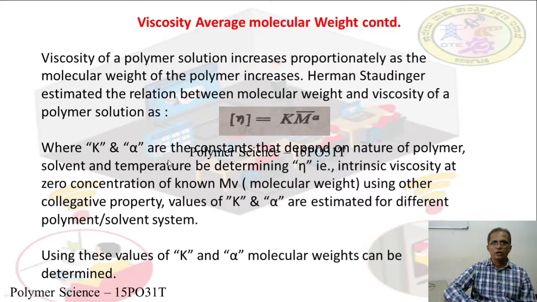Using other colligative property, values of K and alpha are estimated for different polymer solvent systems.